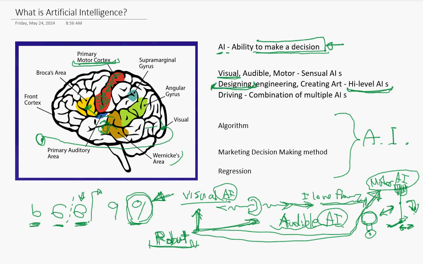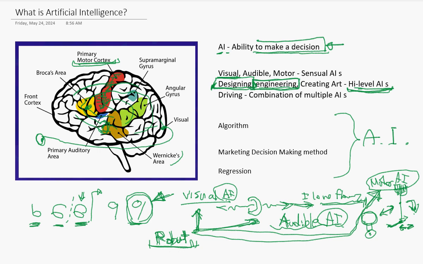Design a car. Design something. Okay? This is going to be high-level AI. This requires all the brain's functions combined into a single purpose. Okay? Engineering. Solve the engineering problem. There is an engineering problem.